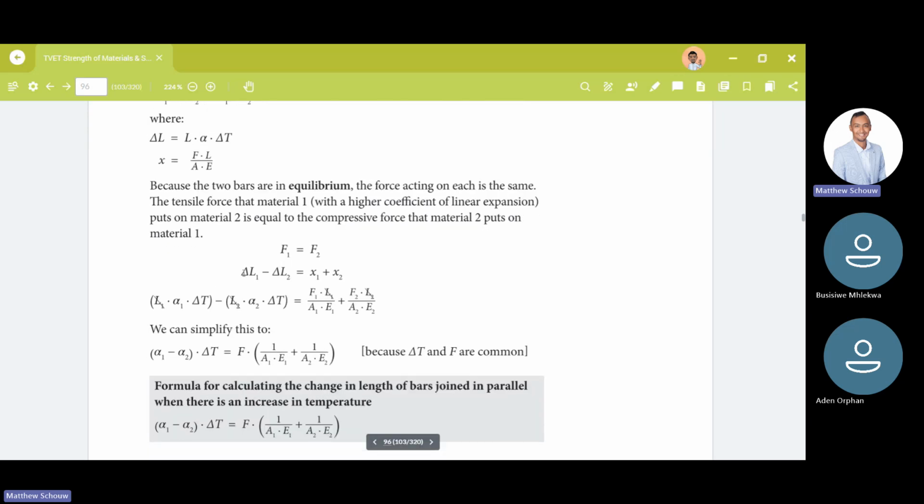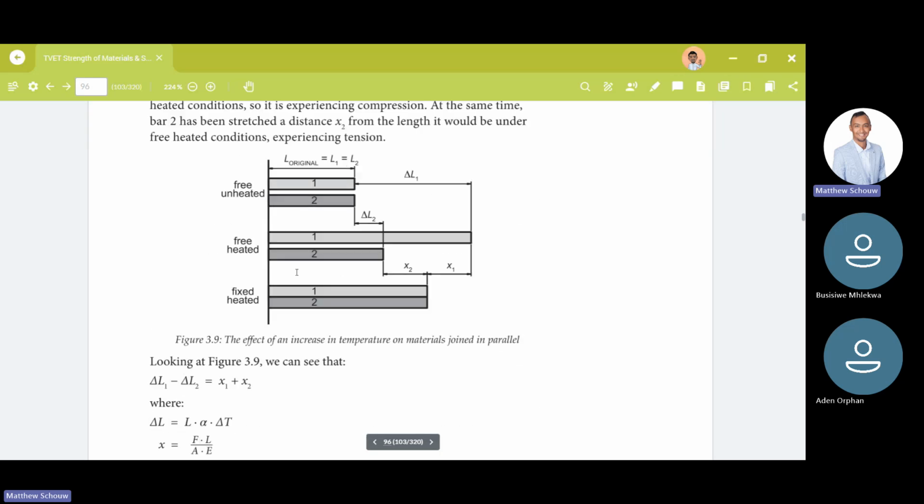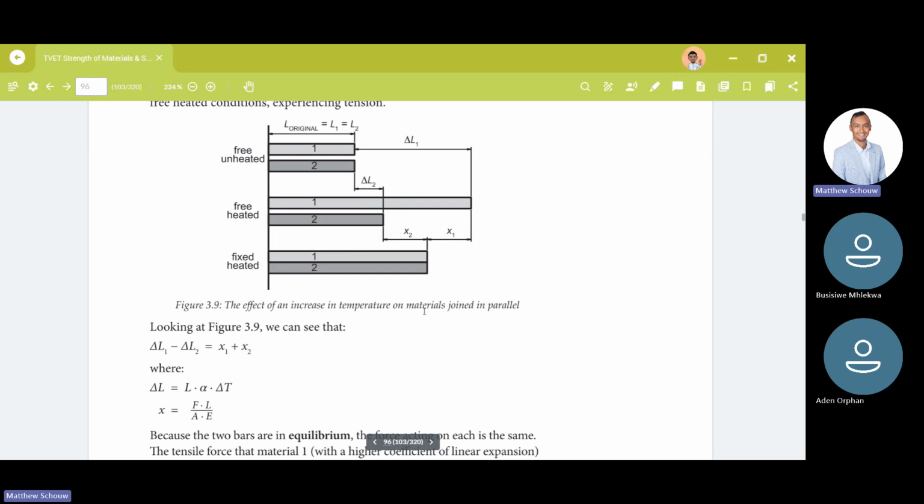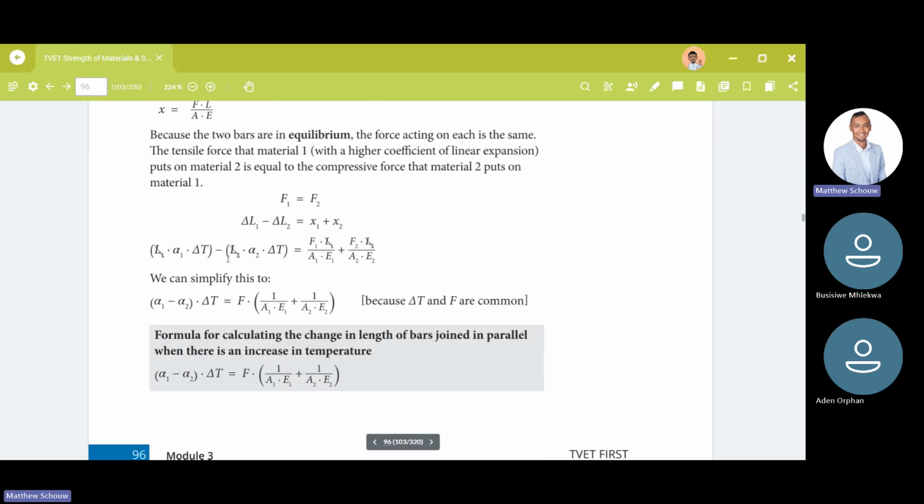And then if you just clean up the formula for the expansion part, if you look at the sketch, the change in L1 minus the change in L2 must be equal to x1 plus x2, as you can see over here. Then you take length as a common factor, and you basically have this equation. This equation works assuming that alpha 1 is a higher linear coefficient of expansion. So this is the equation we're going to be using, and that's for an increase in temperature.